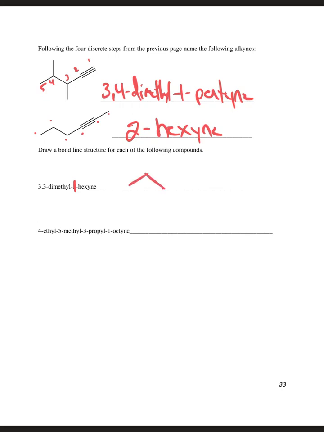So we have to have the methyls on carbon 3, the alkyne on carbon 1, and so on. And then the last one, 1-octyne, 4, 5, 6, 7, 8, has a 4-ethyl, 1, 2, 3, a 3-propyl, and a 5-methyl. So that would be the last one there.